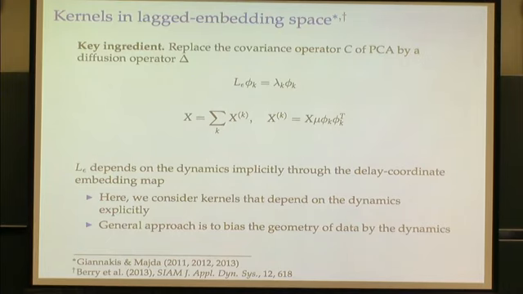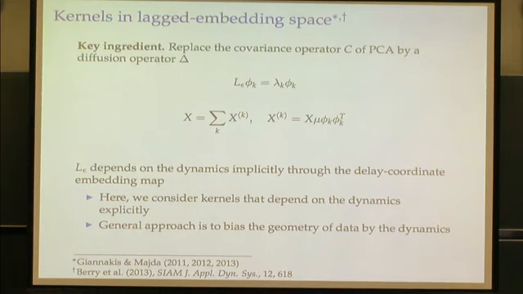These are not going to be patterns that necessarily explain optimally the variance, but the hope, and this was discussed in a more theoretical way than in our work with Andy, is that these patterns are going to be dynamically significant because the geometry in the delay coordinate space depends on the dynamical system.